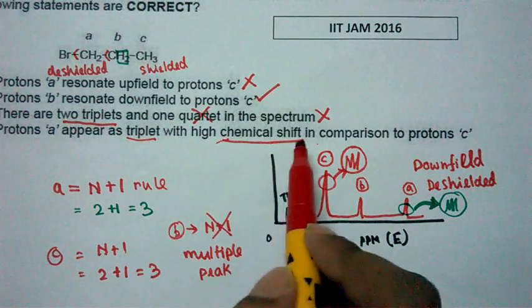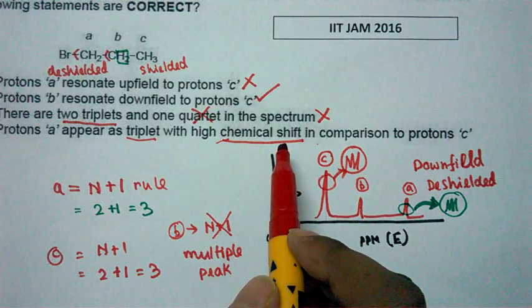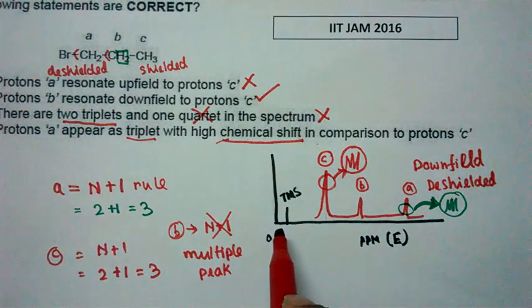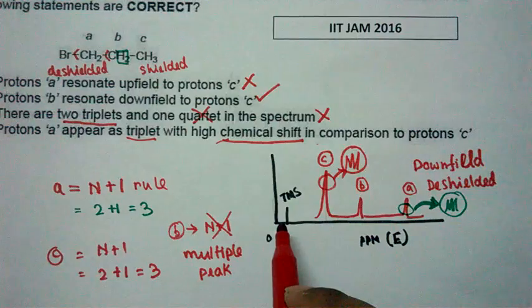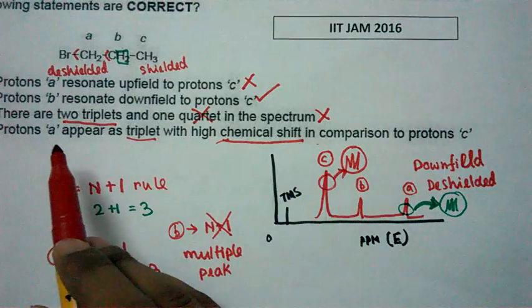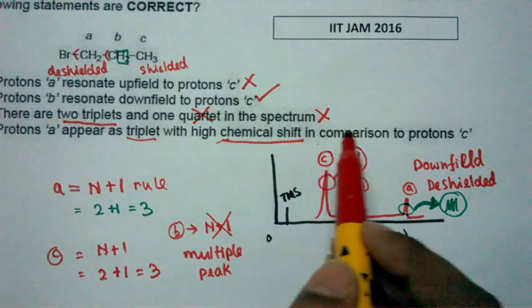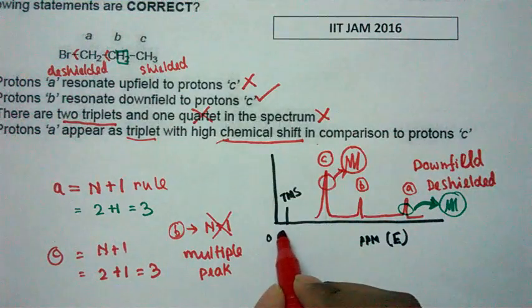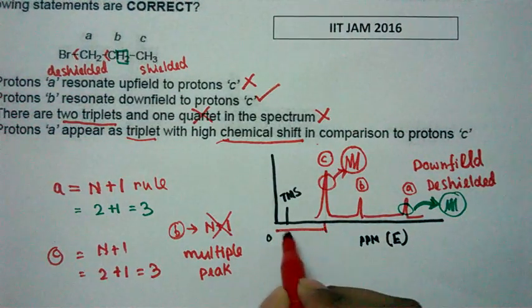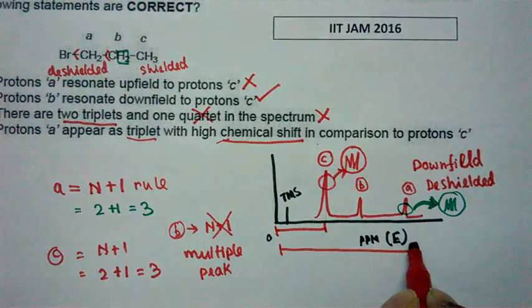Now chemical shift. Chemical shift means how much the peak is shifted from zero, how far away from zero. In easy words, they are just asking how much downfield the peak is. They said proton A appears as a triplet with high chemical shift in comparison to proton C. Proton C is this much far away from zero, and proton A is this much away from zero.